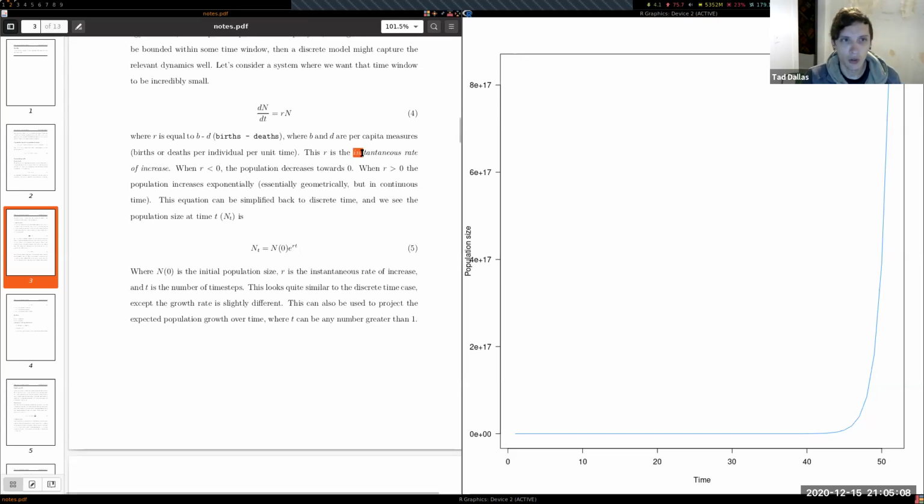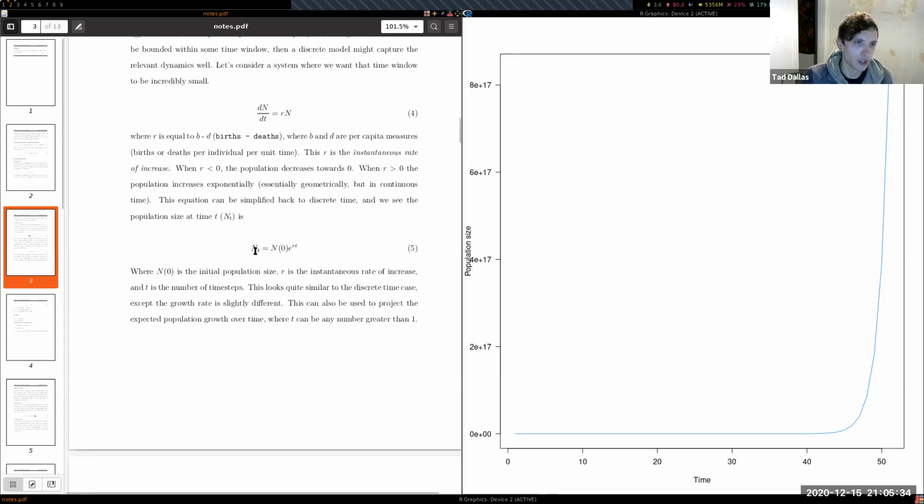Little r is also called the instantaneous rate of increase. And so that's one way to differentiate between population growth rate lambda, which is a per capita measure, and the instantaneous rate of increase, little r. Read the notes, think about that one. It's not super important, but distinguishing in your mind between little r and lambda is useful at least.